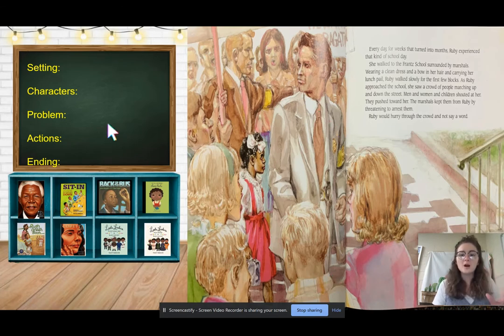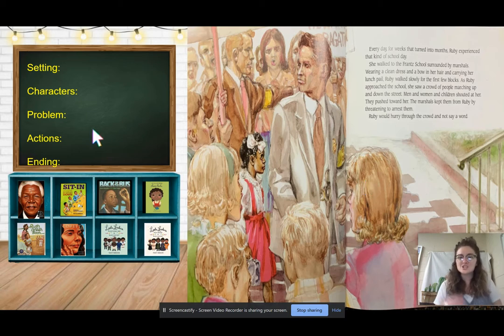What is the problem in this event? I want you to tell me in the puzzle, what is the problem that we learn about in this event? People are yelling at Ruby to go away. They don't want her at this school.